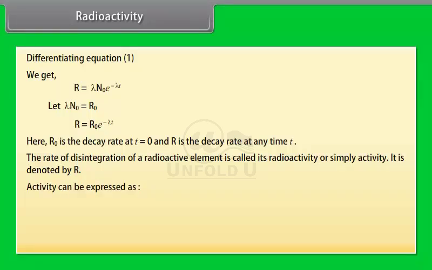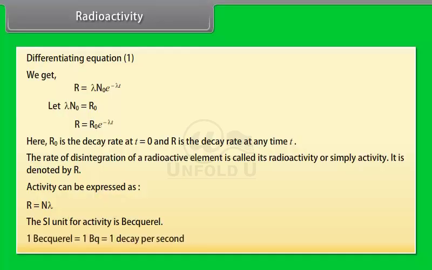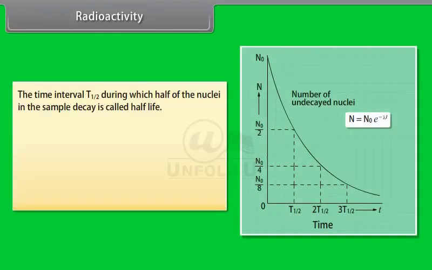Activity can be expressed as R = Nλ. The SI unit for activity is becquerel. 1 becquerel = 1 Bq = 1 decay per second. Half-life: the time interval T-half, during which half of the nuclei in the sample decay, is called half-life.